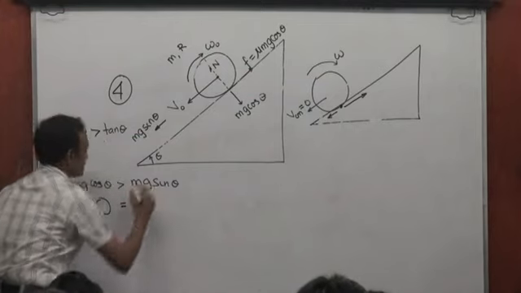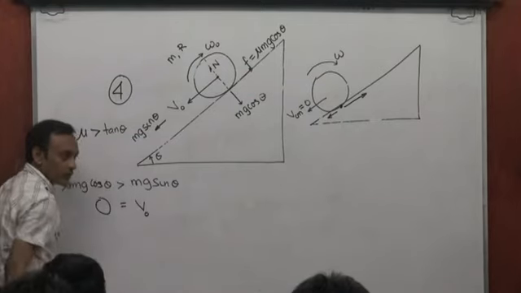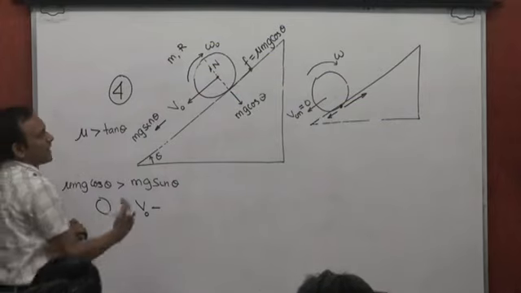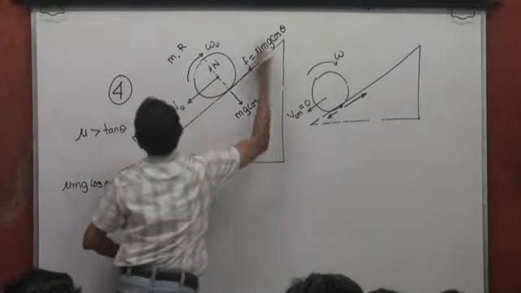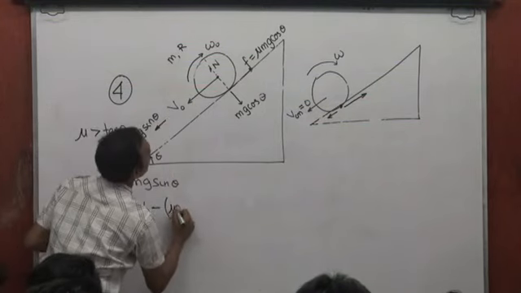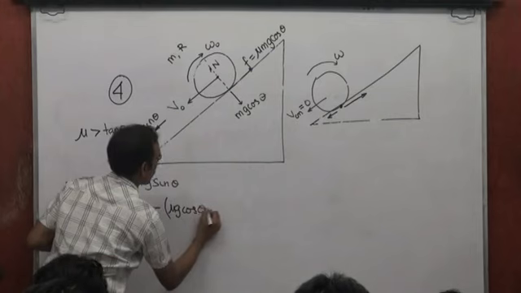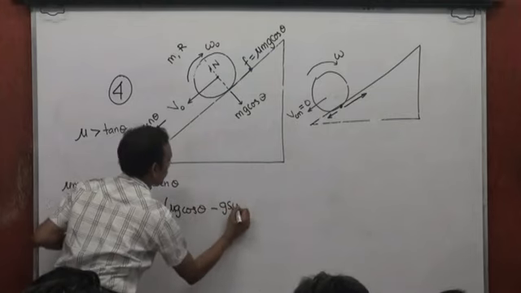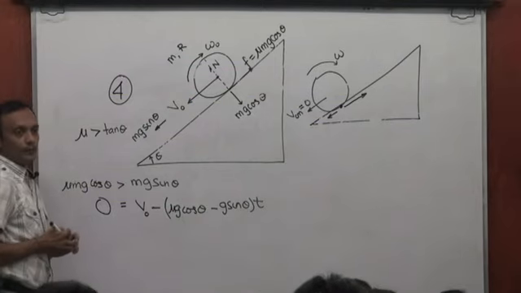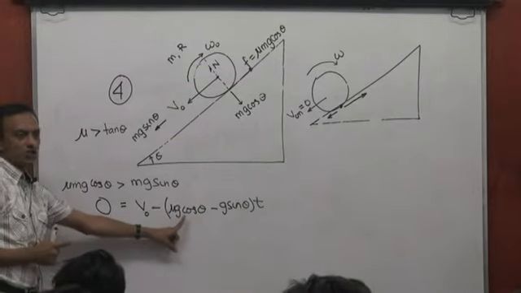Initial VCM is V naught, minus the retardation, which is mu g cos theta minus g sin theta, times t. That's a retardation, yes or no?